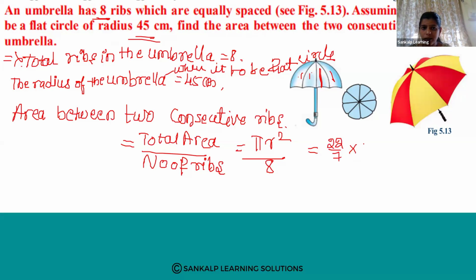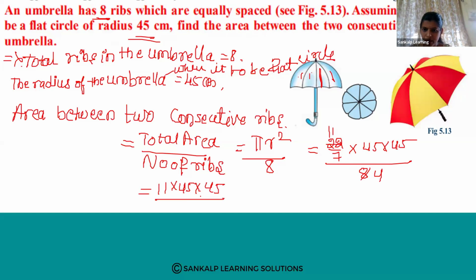So pi r square. Pi value is 22 divided by 7. R is 45 centimeter. R square means 45 into 45 divided by 8. Now 2 4s are 8. Again it will not get divided. So 11 into 45 divided by 4.